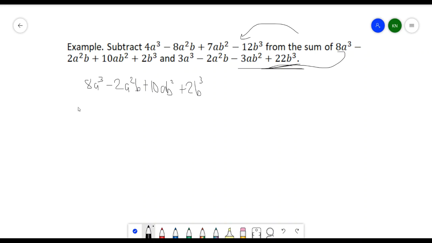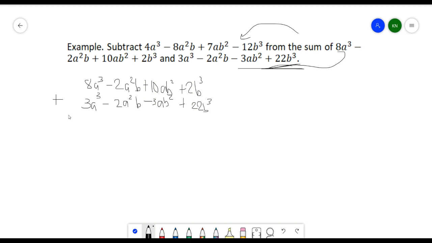And then it is said to add 3a cubed minus 2a squared b. So it's the same. For this one, we have 3ab squared, so this should be minus 3ab squared. And we also have the last term, which is 22b cubed.